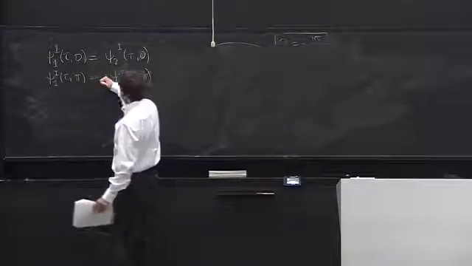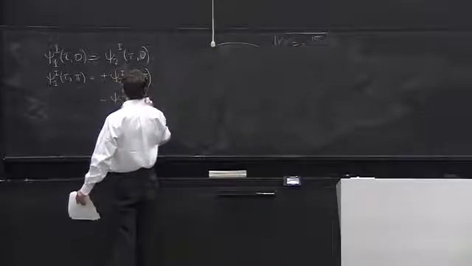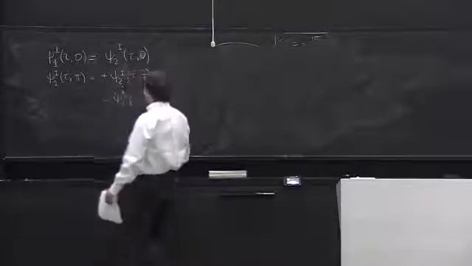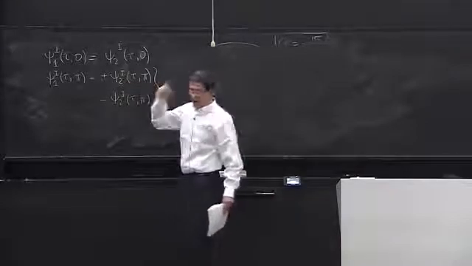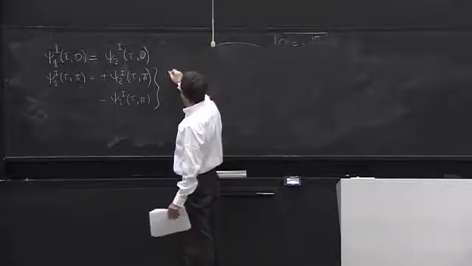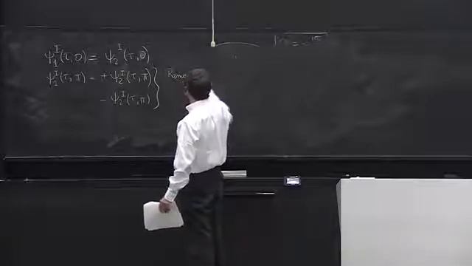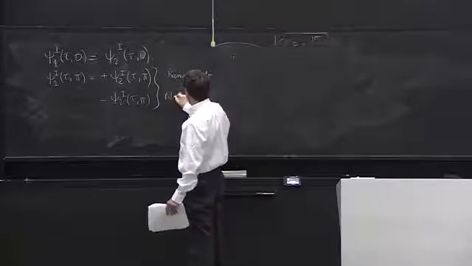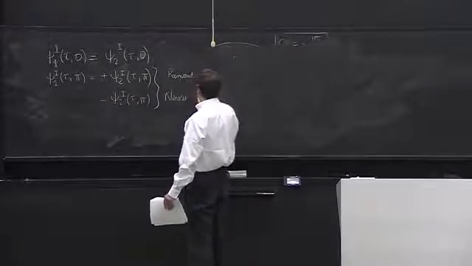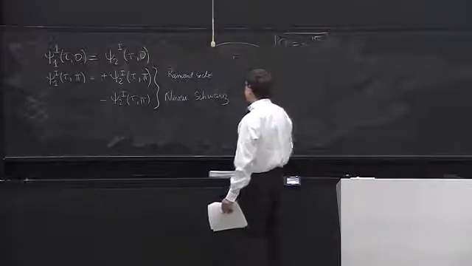I'll put them separately: plus and minus psi2 I of tau pi. The plus is going to lead to something that is periodic, the so-called Ramond sector. And the minus is going to go to the Neveu-Schwarz sector.